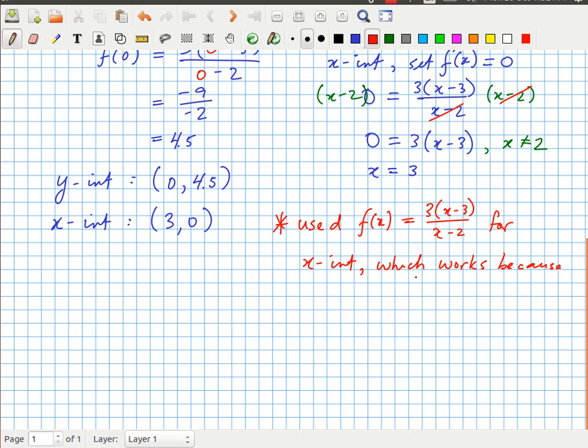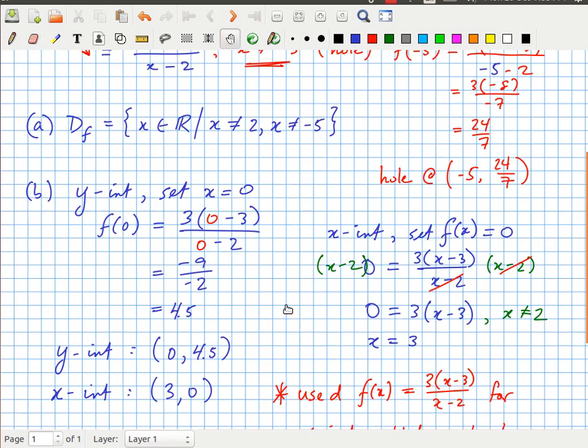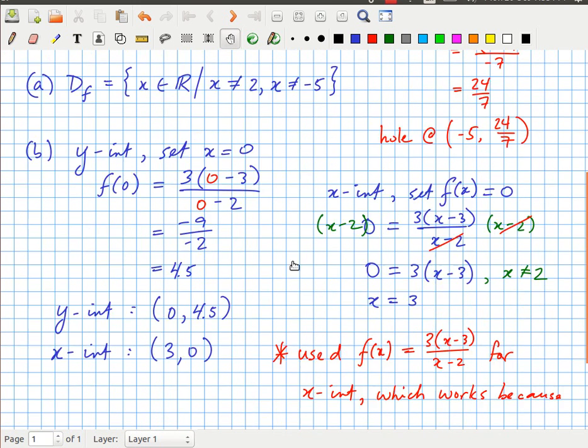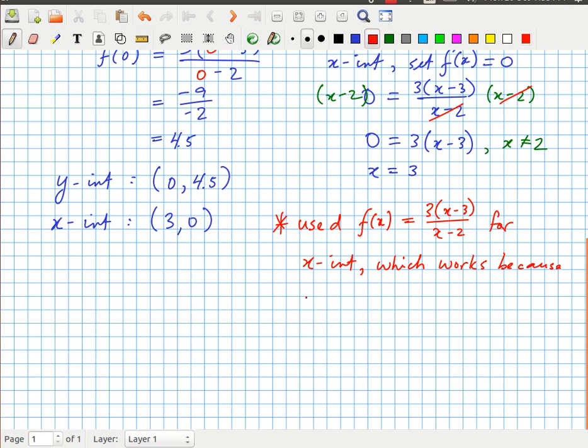Why does that work? Why is that okay? It's okay because if the hole had been one of our x-intercepts, we would have discovered it already. It would have shown up already.